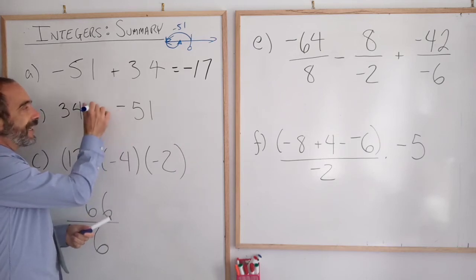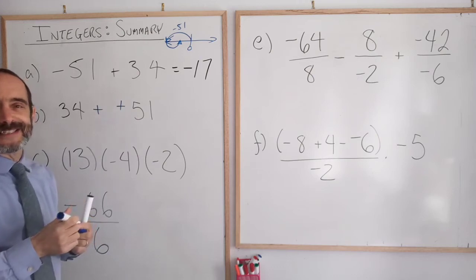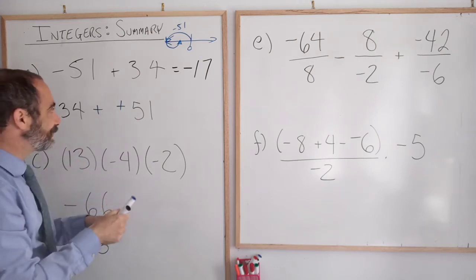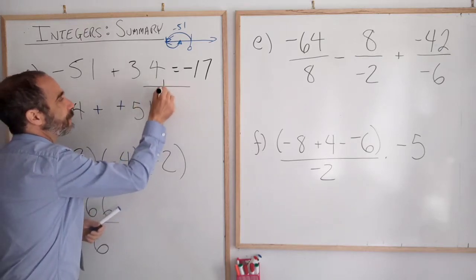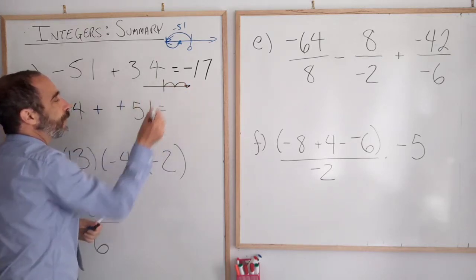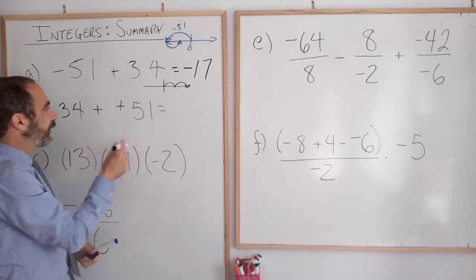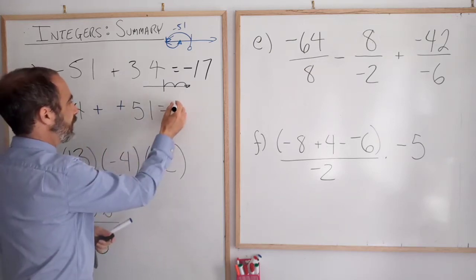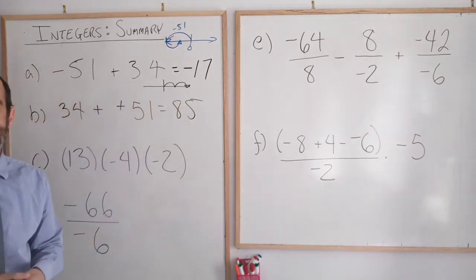I will be changing a double negative to a double positive. That's the way I say it quickly. We're adding those two numbers now. We could certainly sketch a number line, but I think it's pretty clear what we're doing here. We're going positive both times. So 34 plus 51 is 85. Okay. So there you go.